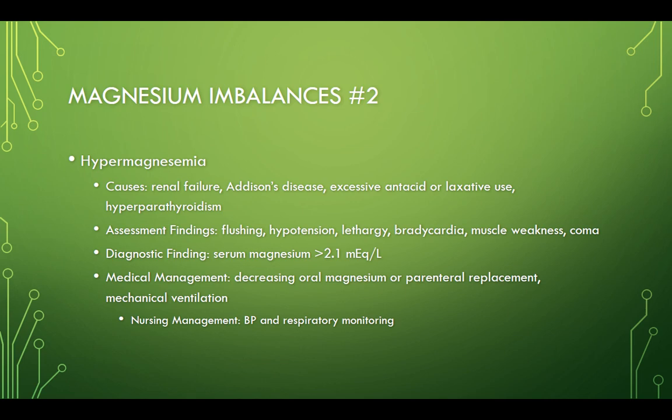Serum magnesium level of 2.1 milliequivalents or higher. Decreased oral magnesium or parenteral replacement. Mechanical ventilator: you can get so much problem with this that you actually need to go on respiratory support.